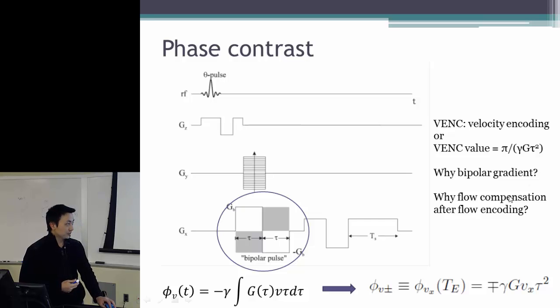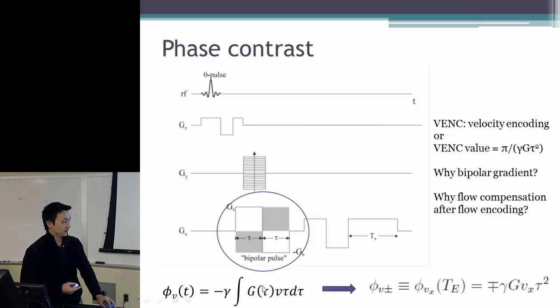So to obtain the phase information that is related to the flow velocity, we can simply apply a bipolar pulse gradient, to obtain the phase information that is directly linearly correlated to the blood flow velocity.